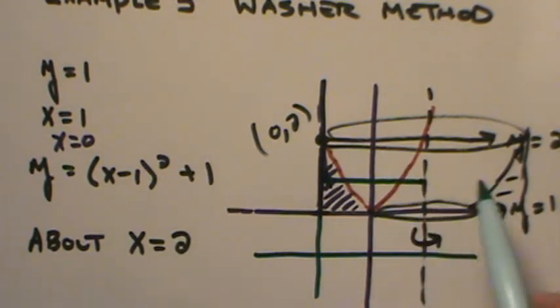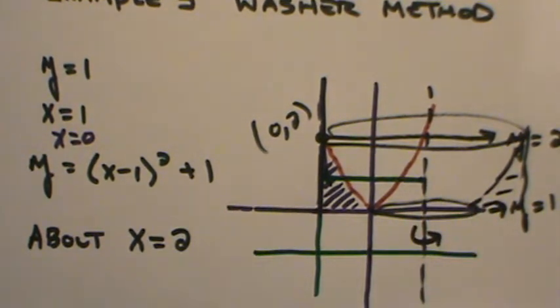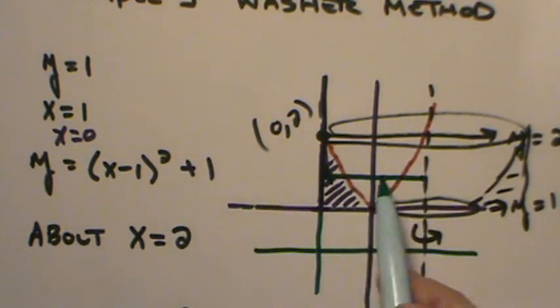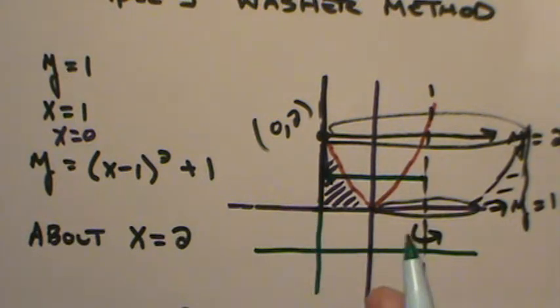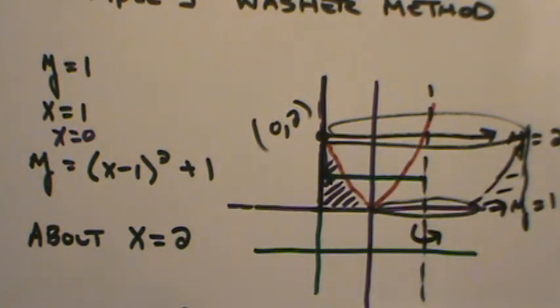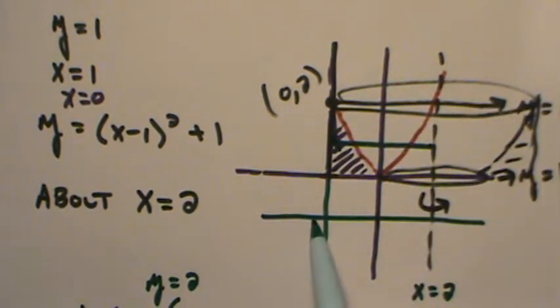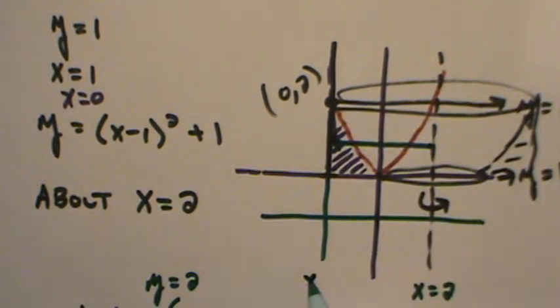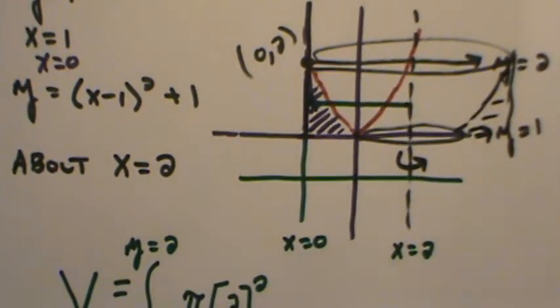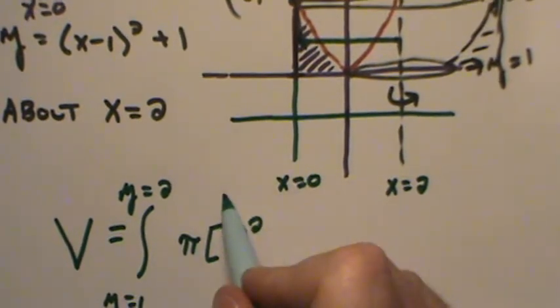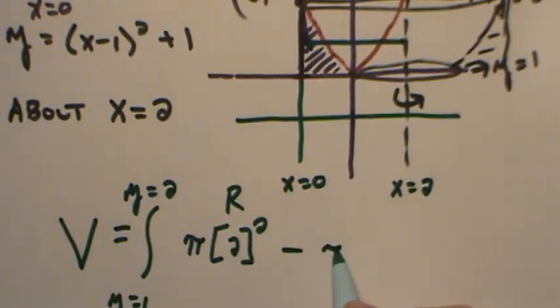Now, when I look at this, this is x equals 2, if you recall. 2 minus 0, 2 minus 0 would be 2 squared. So this would be pi times 2 squared. This is my original x and y axis. This is my origin. So this is x equals 0 right here. So that distance was going to be 2 minus 0. That's what I have there. That's my big radius.